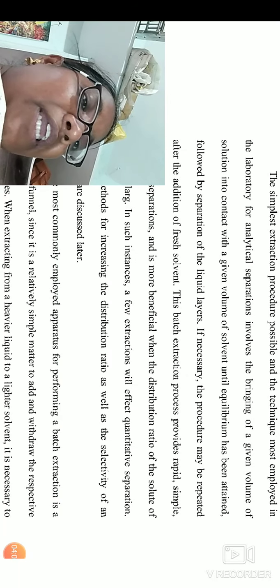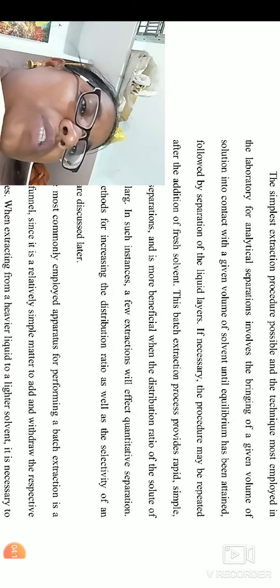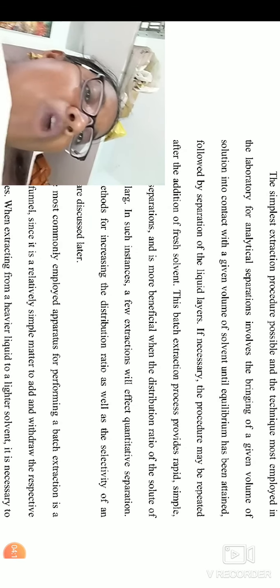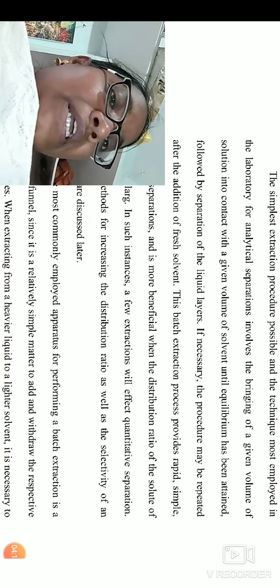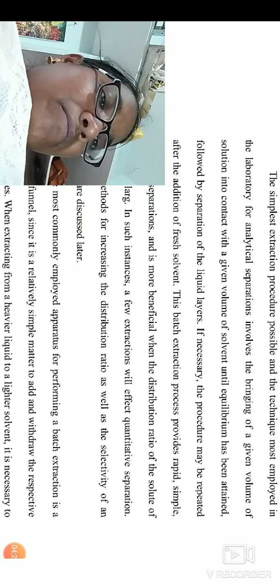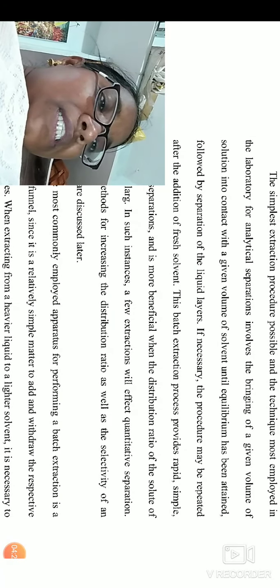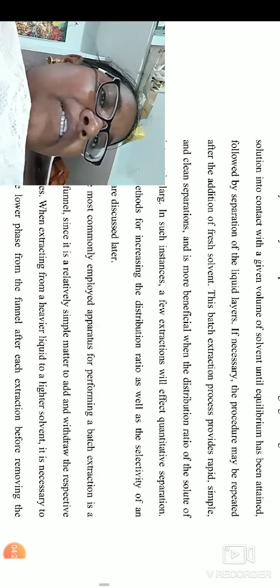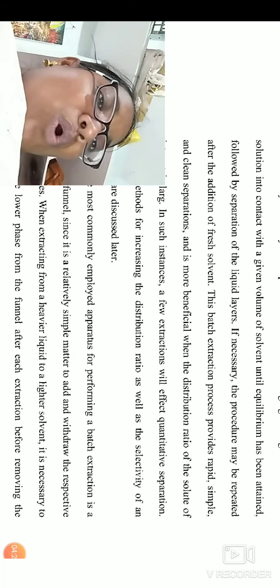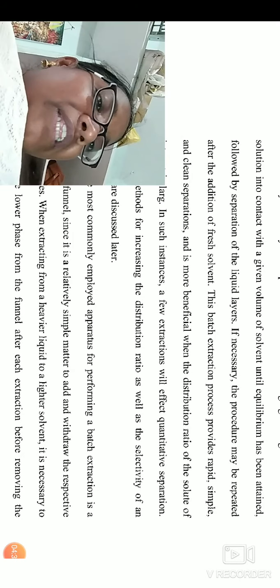If necessary, the procedure may be repeated after the addition of fresh solvent.